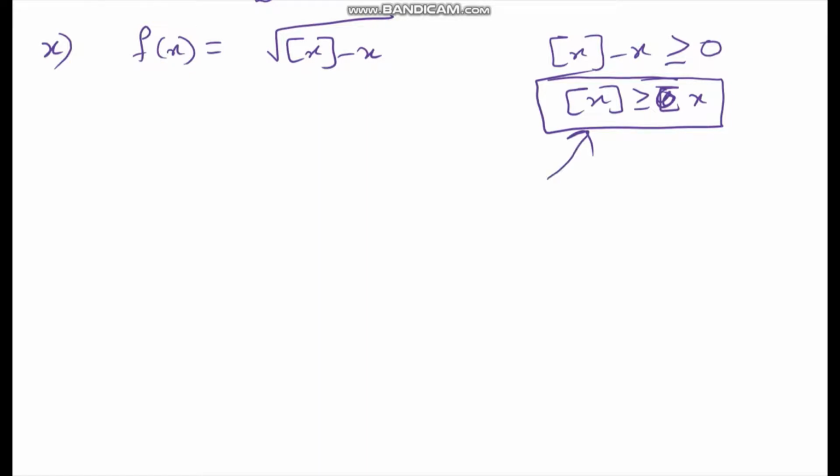Like in the previous example, if I take x equals minus 3.2, then step x will be minus 4. If I take x equals 3.2, then step x will be 3.